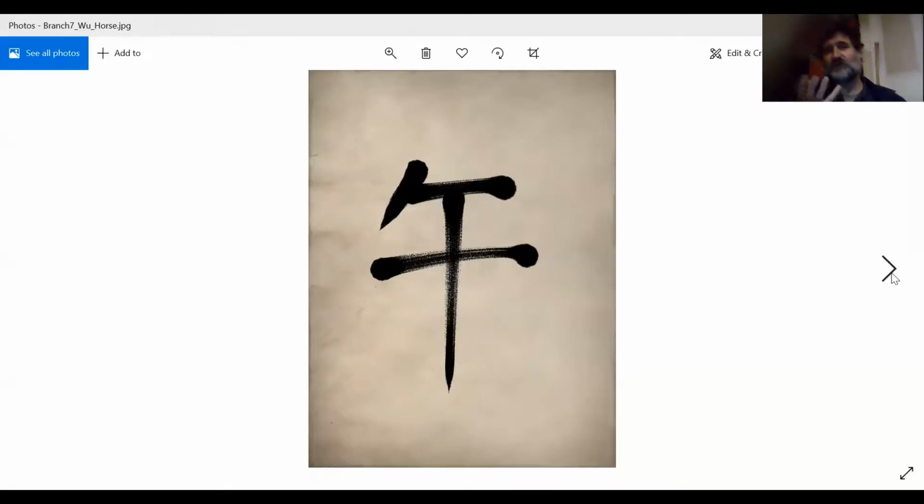Horses are associated with warfare, like war horses. Horse is very active, native yang fire. Horse likes to be the center of attention. Horse can be a bit vain. The horse likes to be seen. The horse is very robust, full yang qi.